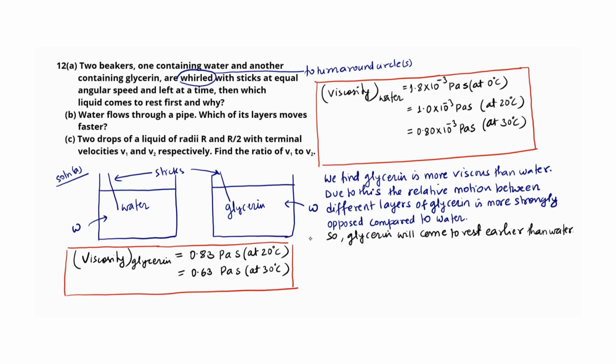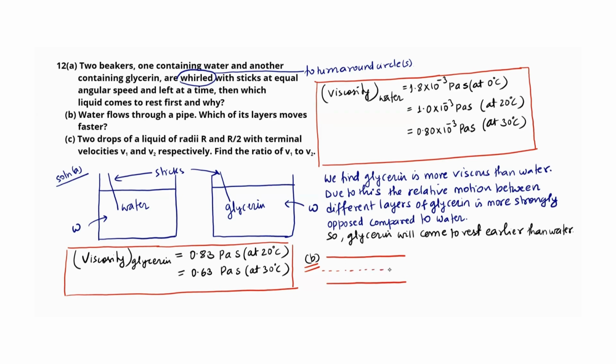Now next, question 12b. Water flows through a pipe. Let us consider a horizontal pipe, and let this be the axis of the pipe.